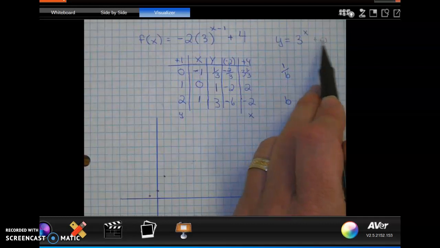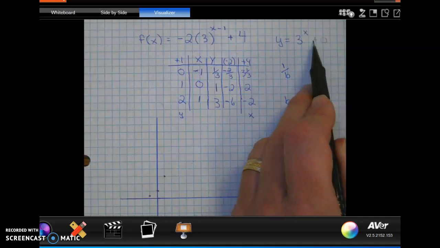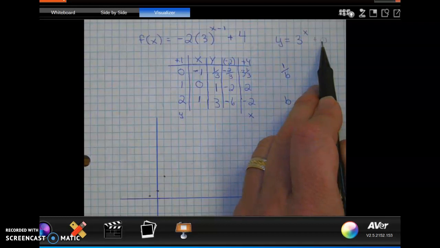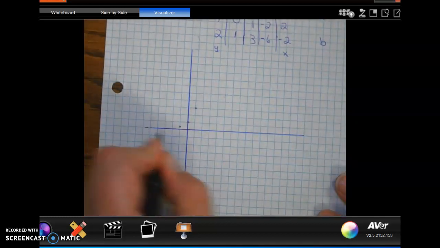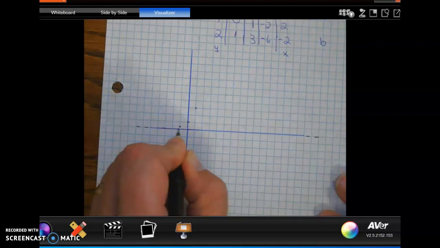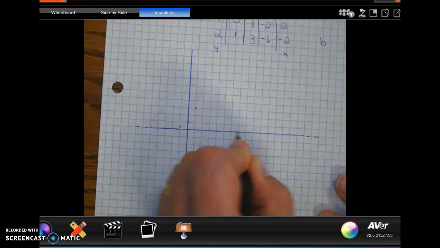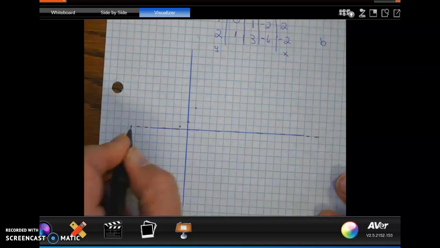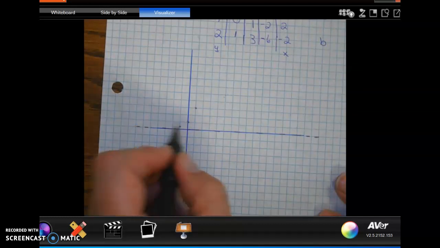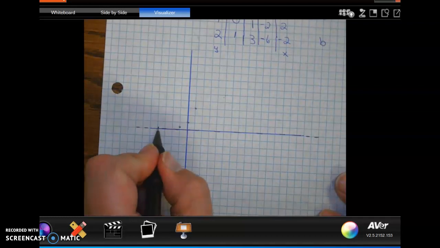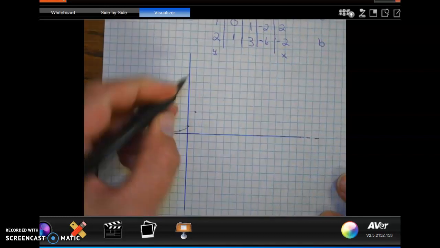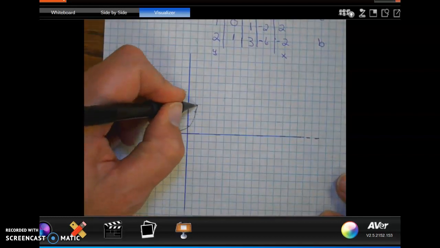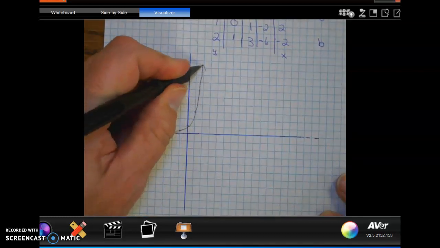So there's no vertical translation going on here. So our horizontal asymptote is going to be y equals 0, which is going to be our x-axis all the way along here. That's our asymptote. So when we draw this curve, we're going to go along the asymptote, curve through those points, just like that.